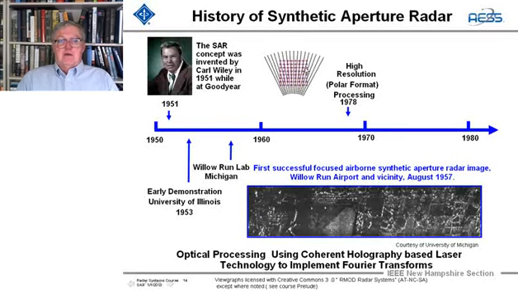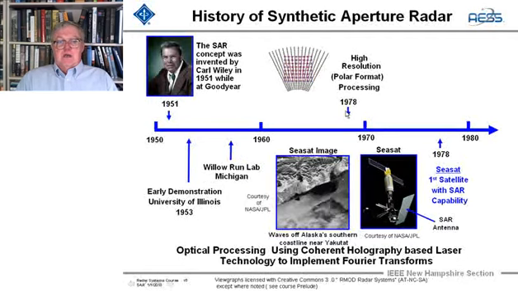And the polar format processing, where we interpolate the data into a matrix that has uniform spacing, really helps do the Fourier transforms, and that's a key development, and that happened in '78, but was still done optically. The Fourier transforms were done.